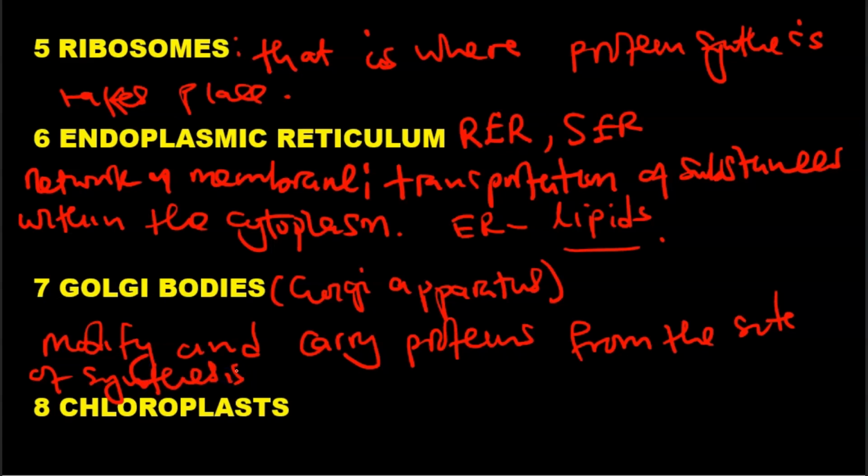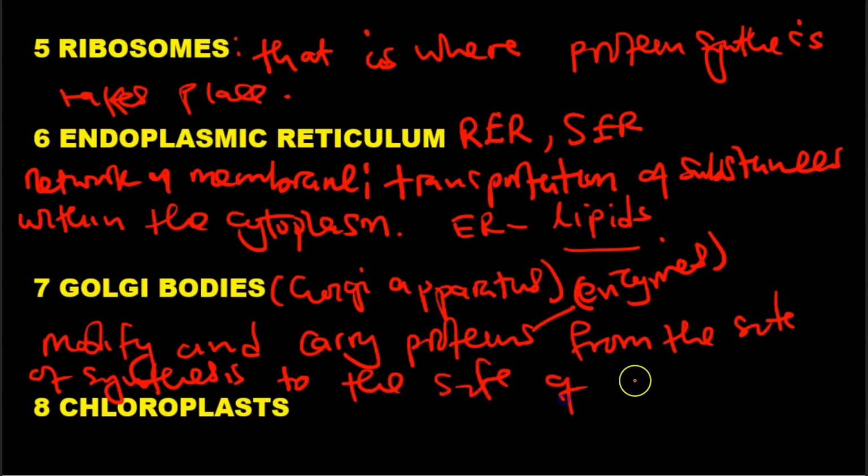Proteins such as enzymes. So it modifies and carries proteins, for example enzymes, from the site of synthesis to the site of reaction. You know that enzymes speed up the rate of chemical reaction, so they are needed in places where the reaction is taking place, and therefore they are carried by the Golgi bodies.